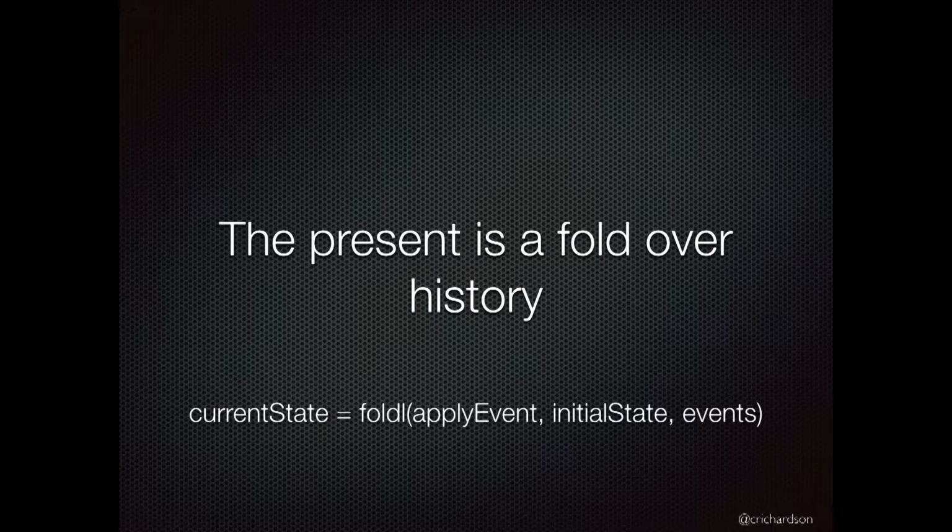So it covers both objects that have a limited life cycle plus very long-lived objects. And if you're functionally oriented, you could actually think of computing the present state of an object as doing a functional fold over the history of the object. But that's just sort of a functional programming joke.